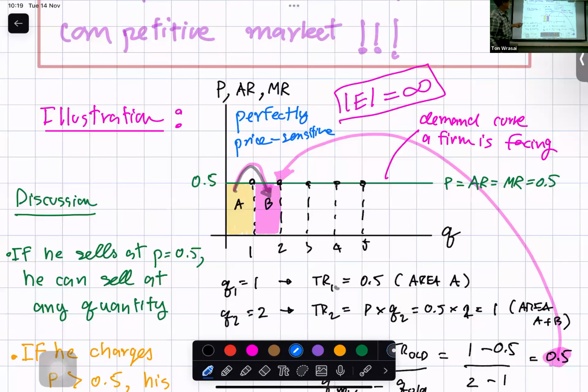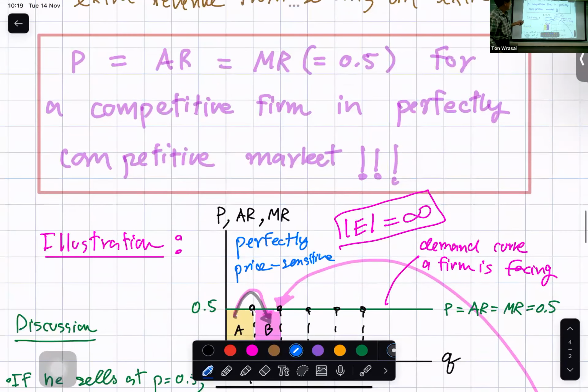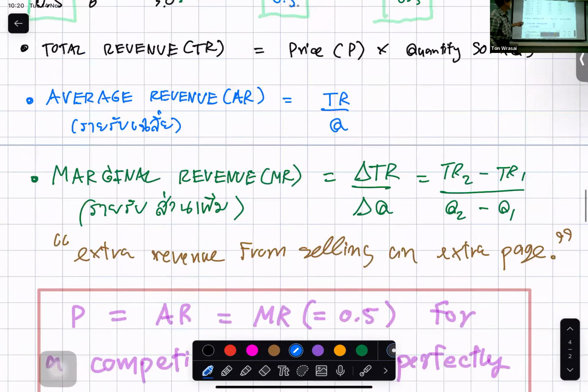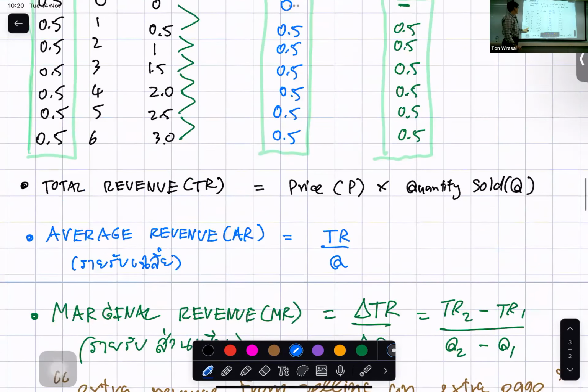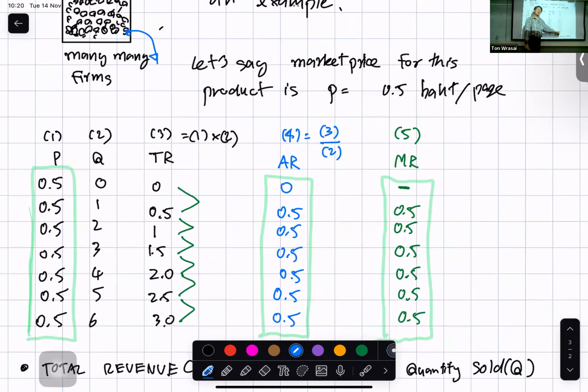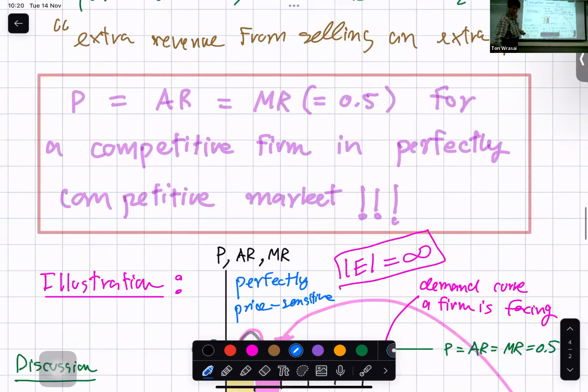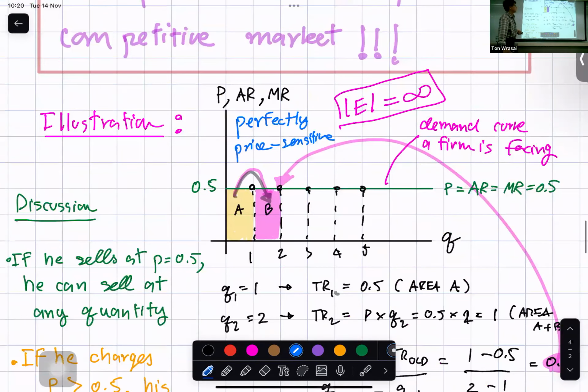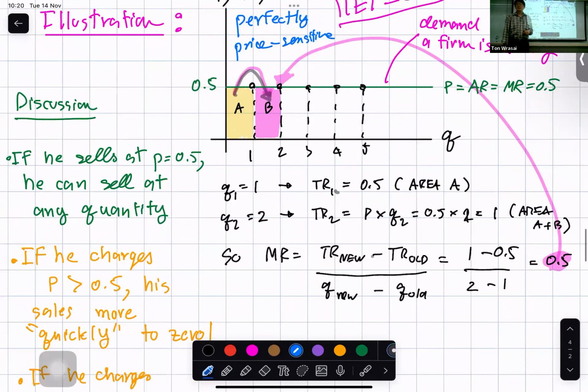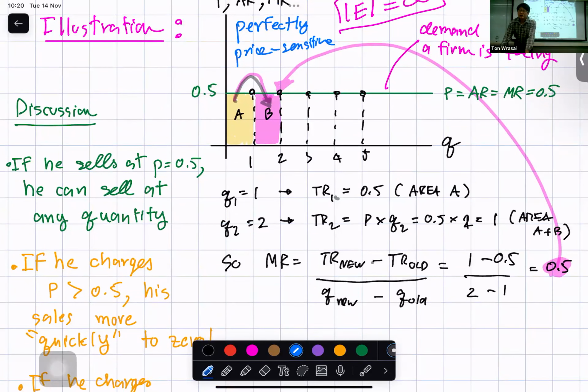Next. We got an illustration of PARMR already, but one more is left: TR. No picture yet. Let's have it then. Plot the total revenue curve.